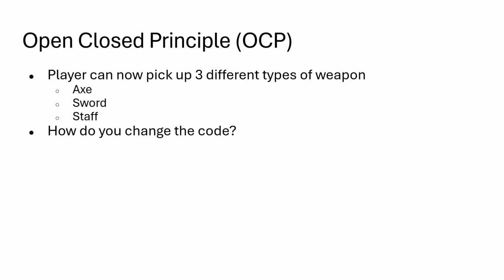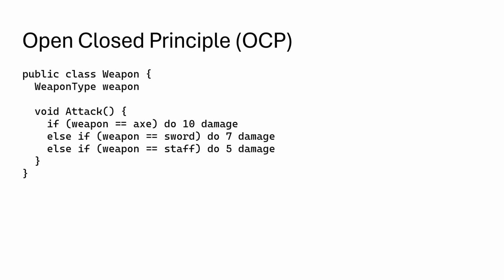Each weapon should do a different damage and a different kind of attack animation. So in a naive implementation, you would put the weapon types in an enum, and then check what weapon you're using inside of attack. If my current weapon is an axe, then I do 10 damage. If my current weapon is a sword, I do 7, and so on.